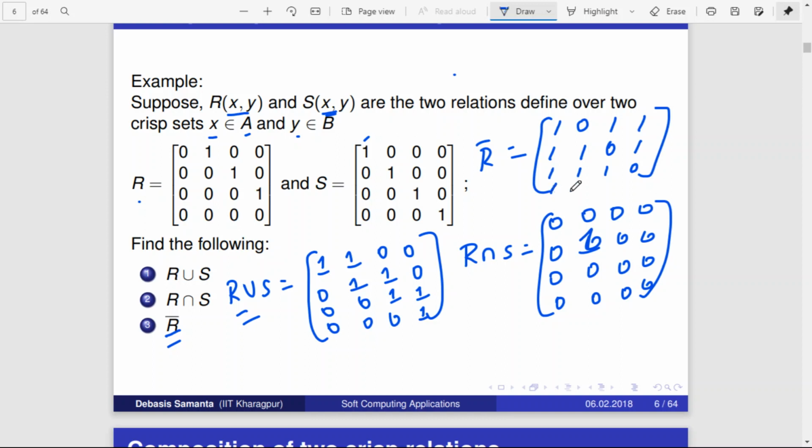All zeros will become 1 and all ones will become zeros, right?